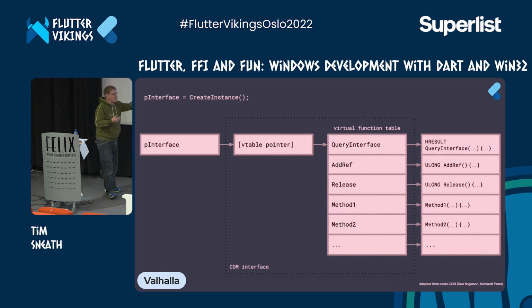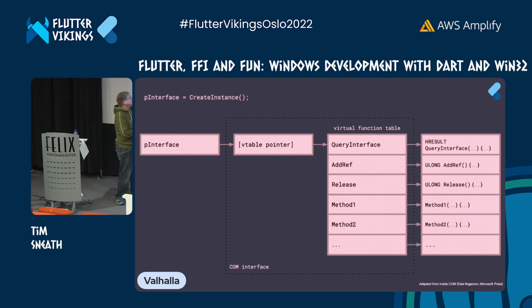And I can then look at it and poke inside. There's like, I don't know, 40, 50 methods that are available inside that interface. And I can use that vtable pointer to find a list of these things. So if I was to look at the memory, what I'd see is 50 or 60 pointers, one after the other, each of them representing one of the methods on FileOpenDialog that I could call and use to get at different things.